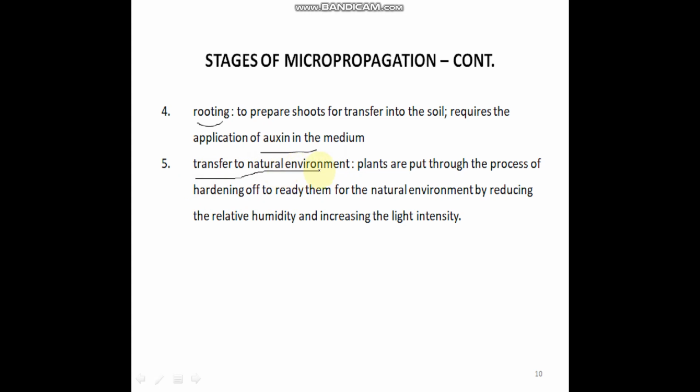Next one, you transfer it to the natural environment. After you transfer it, you will go through a process called hardening off, which is making them ready for the natural environment. So you will let them experience a more subtle environment.